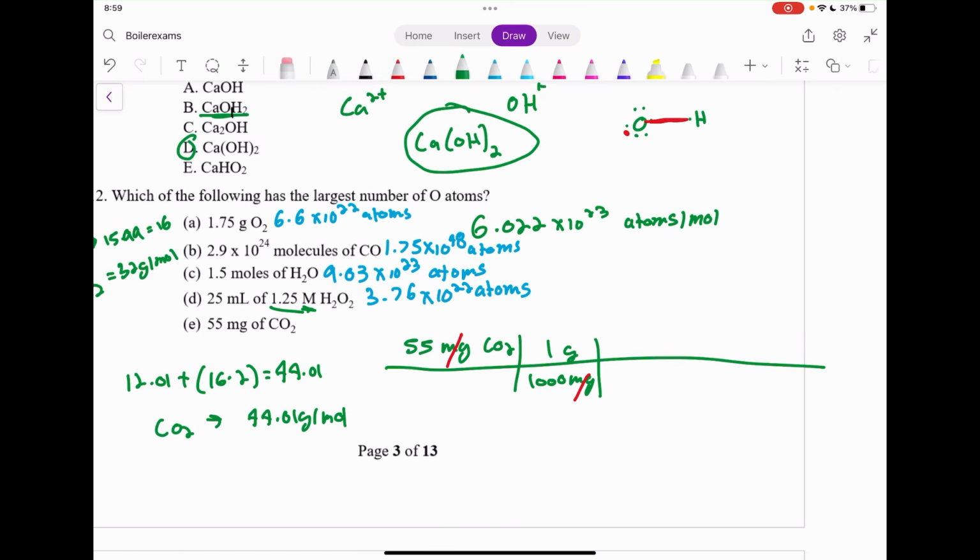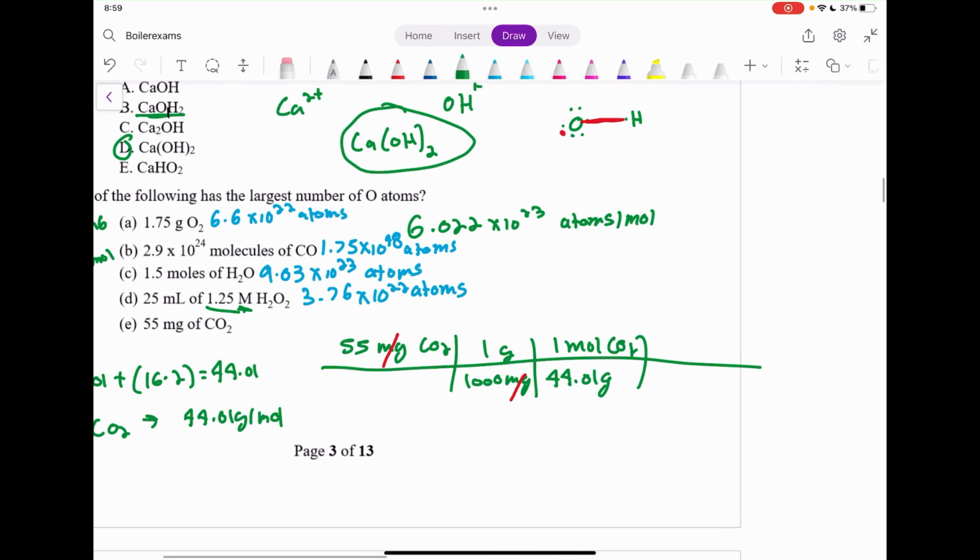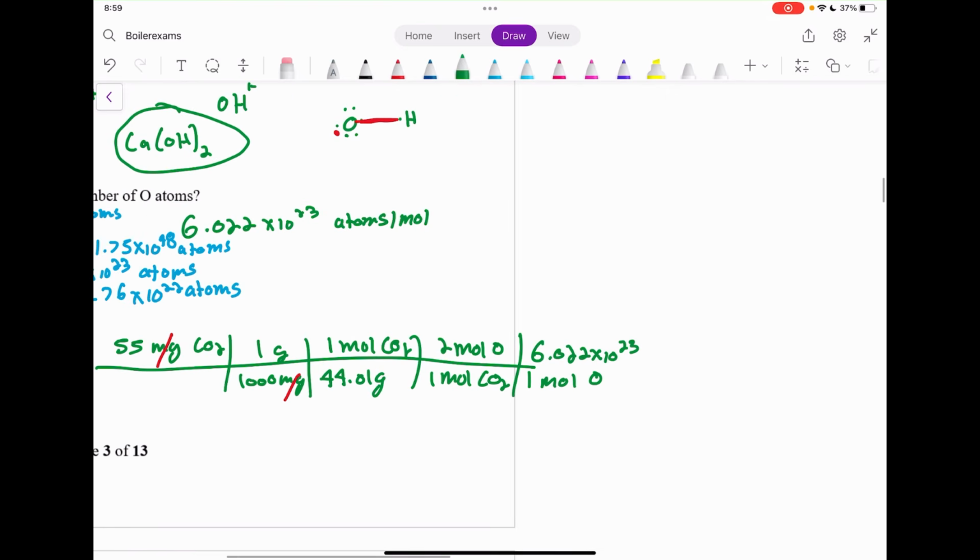Let's put grams on the bottom so that cancels. Grams, 1 mole, and that's CO2. And then in 1 mole of CO2, you have 2 moles of oxygen atoms, and in 1 mole of oxygen, you have Avogadro's number worth of oxygen atoms.